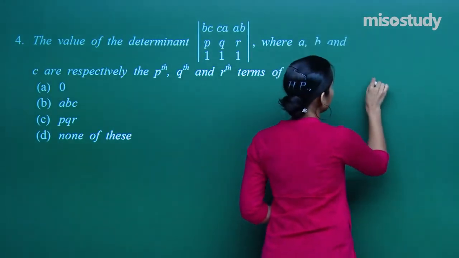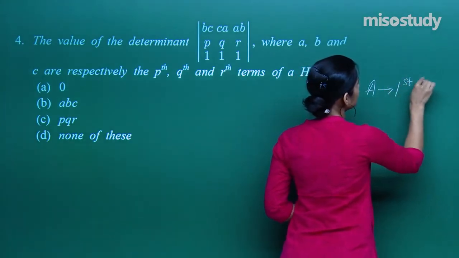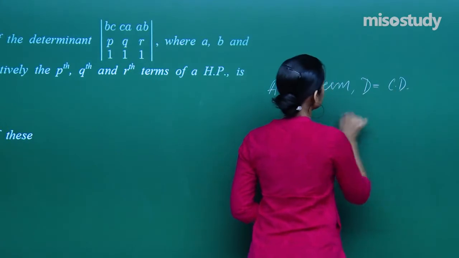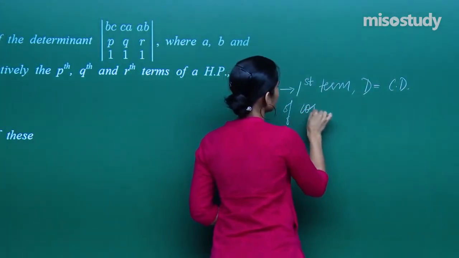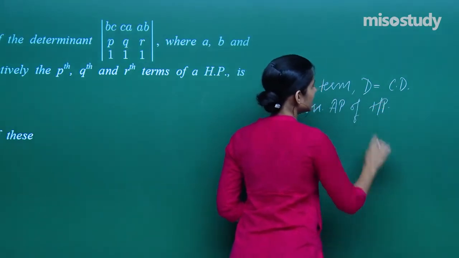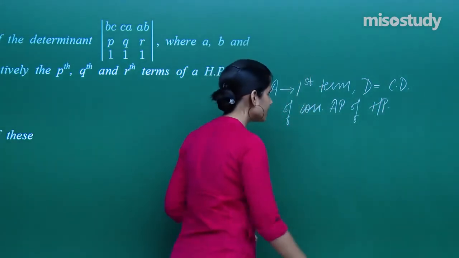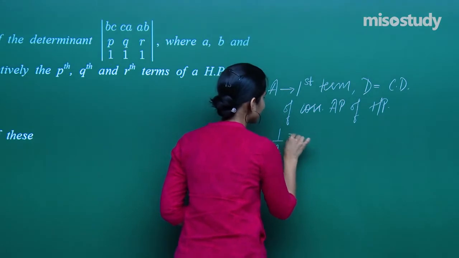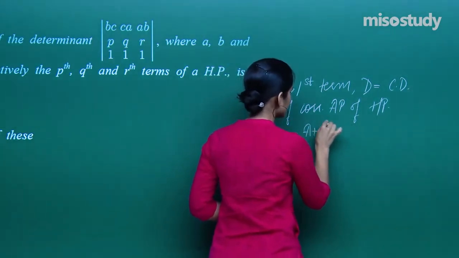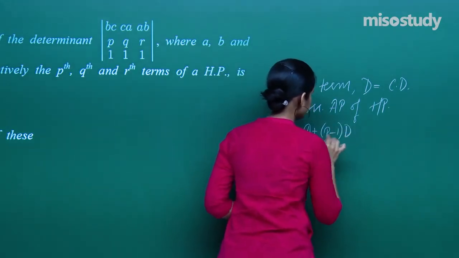So let A be the first term and D be the common difference of the corresponding arithmetic progression of this HP. Then if small a is the pth term of this HP, then 1 upon a is the pth term of this AP, which is A plus p minus 1 d.